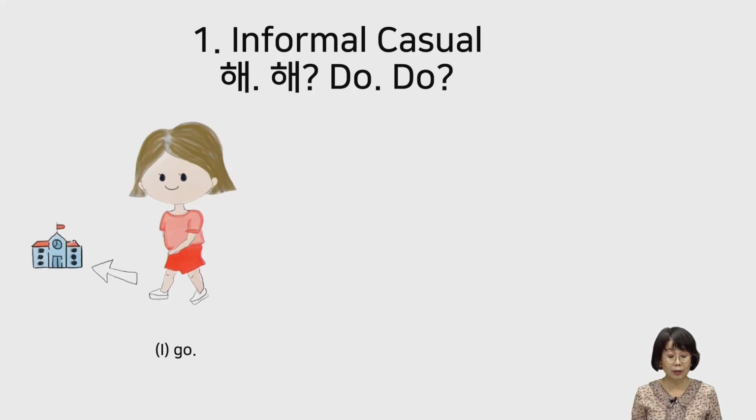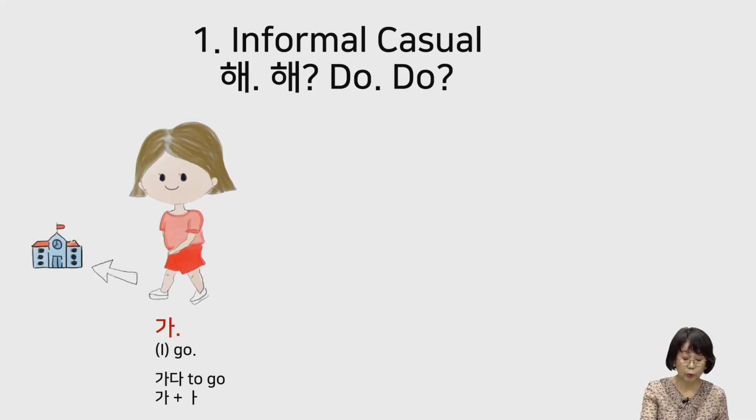Informal casual, I go, 가. The base form, to go, is 가다. Stem 가, plus ending 아, you get 가.